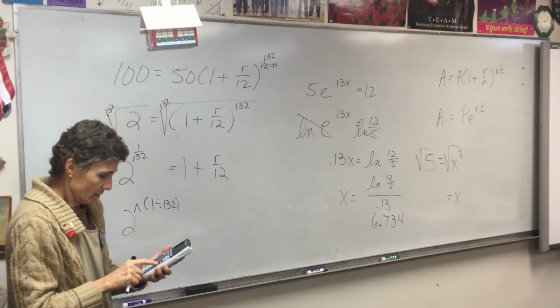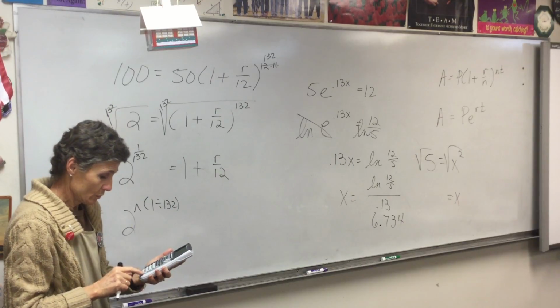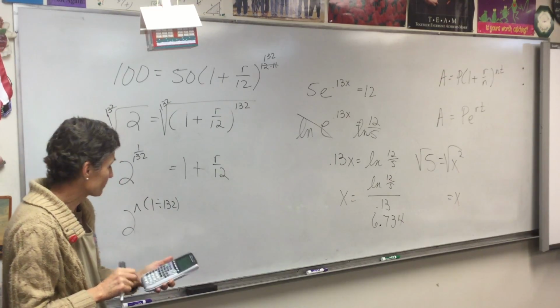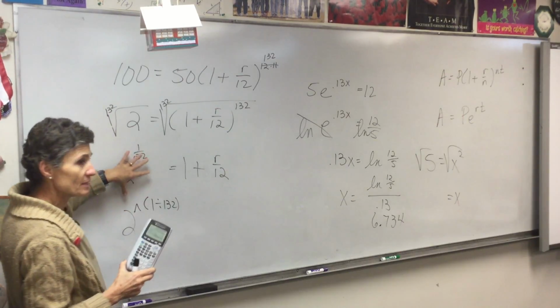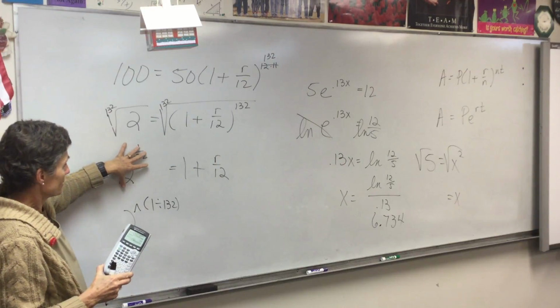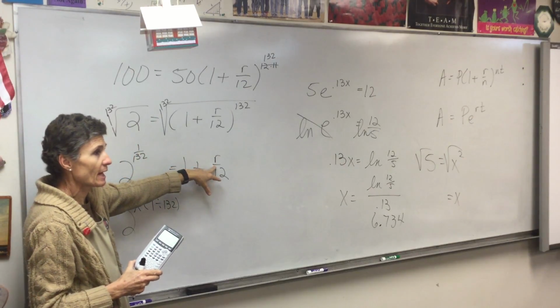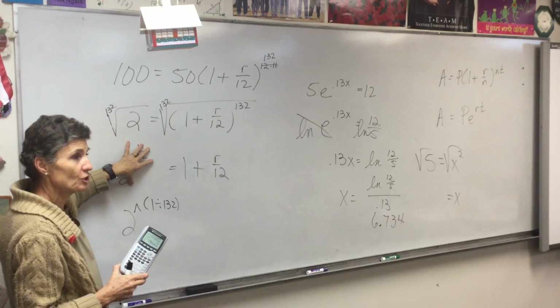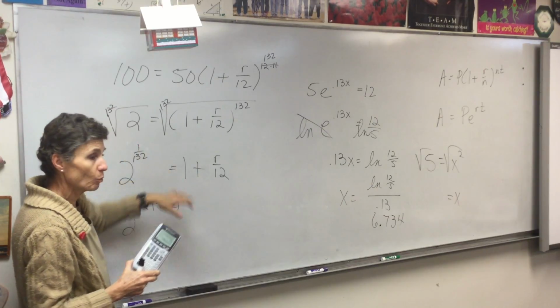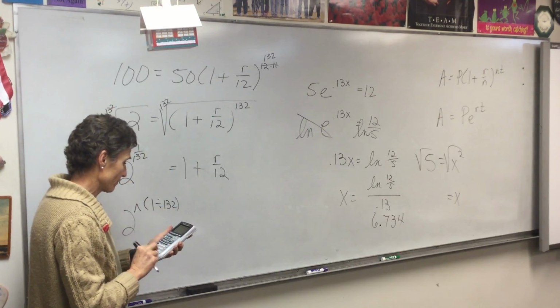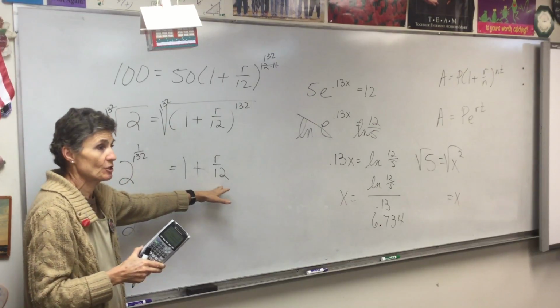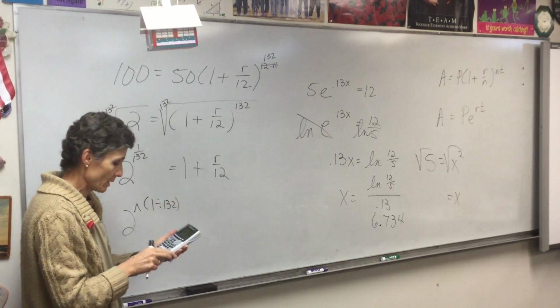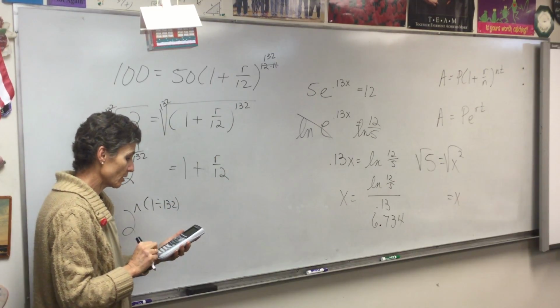Now I got this number. Remember, I'm supposed to be figuring out r. So what am I going to do? Subtract 1. And then what do I need to do? Times by 12. That didn't take long, did it?